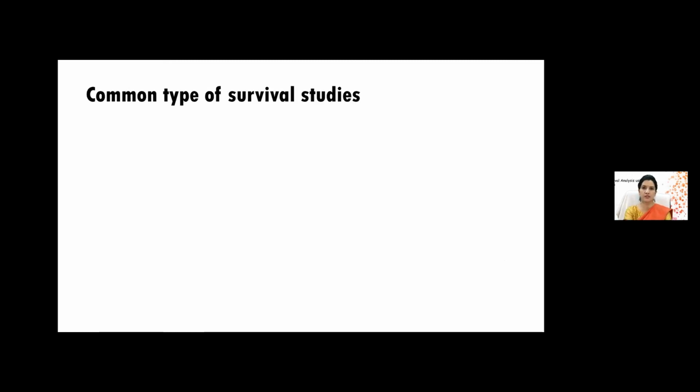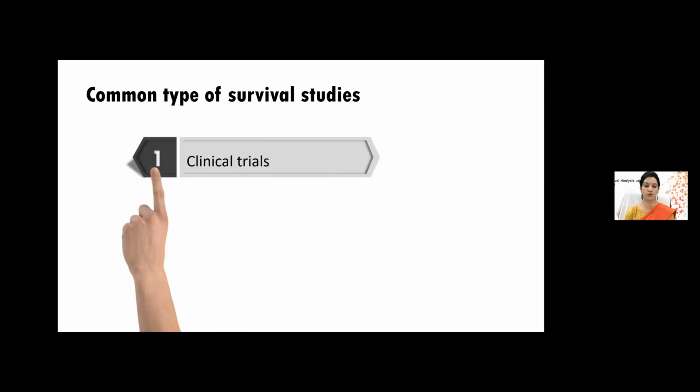So survival studies, generally this analysis we usually do in the case of a randomized control trial, or we can do it in a cohort also. It is most commonly done in clinical trials, just to see the happening, because in clinical trials also you have time to event data and you see when that event is occurring.